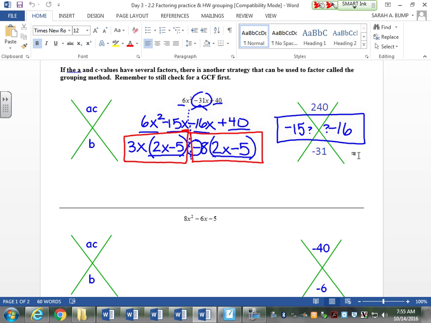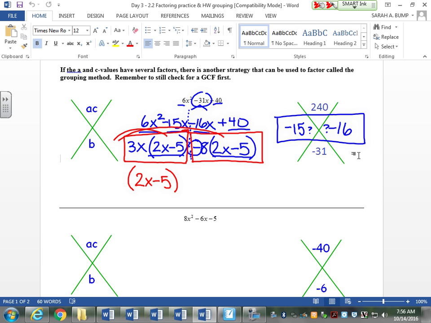So both of those terms have a common factor of 2x minus 5. Think of that like the GCF of each side of the problem. So we're factoring out a 2x minus 5. We're removing that from both sides. And at this point in time, you won't be able to see me covering up.